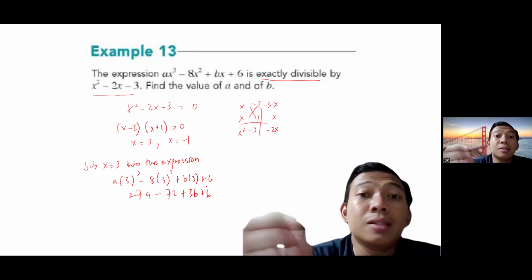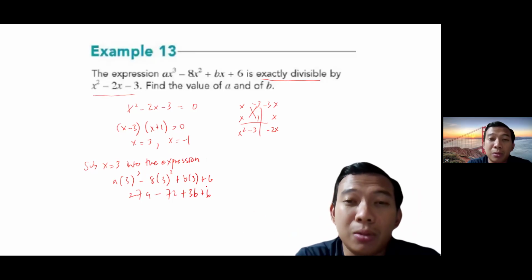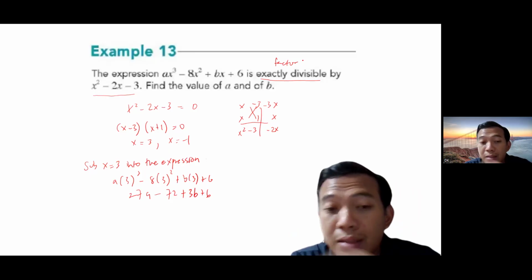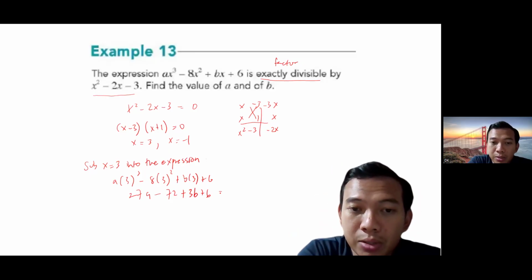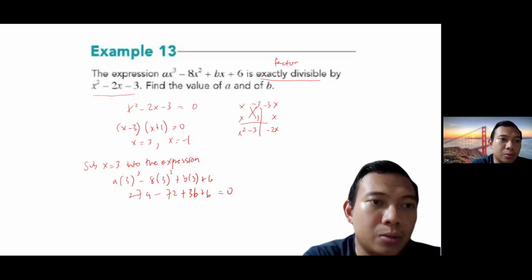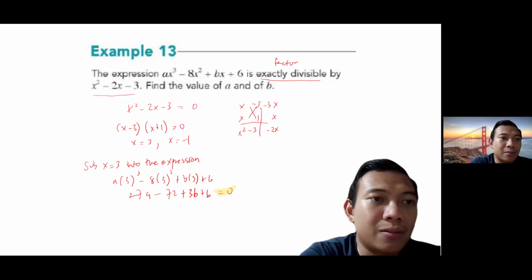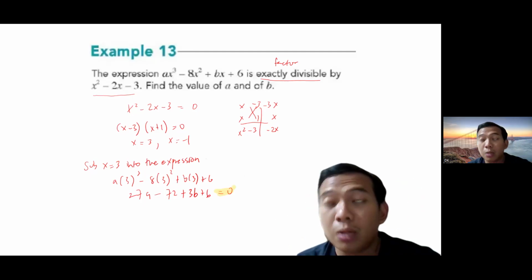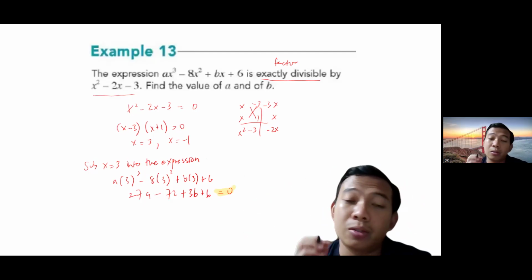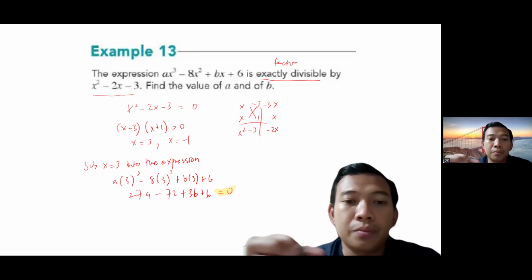Now, it says exactly divisible, which means it's a factor. When it's a factor and you put the value of x inside the expression, or inside f(x), you get equal to 0. You need to take note of this part, because you might overlook it.